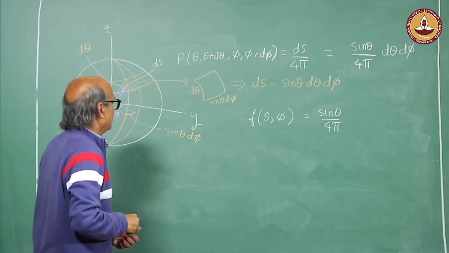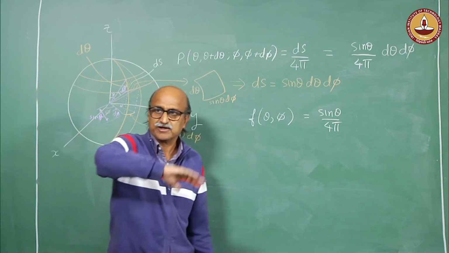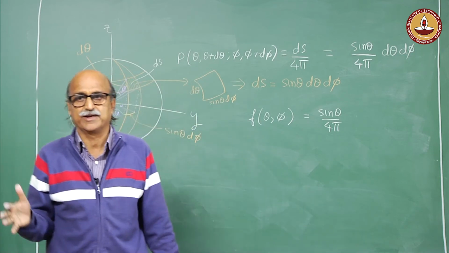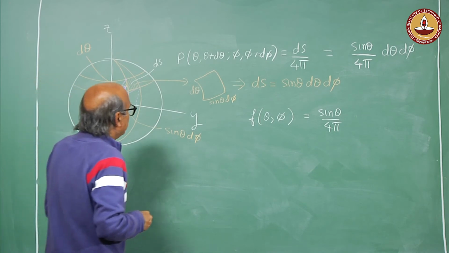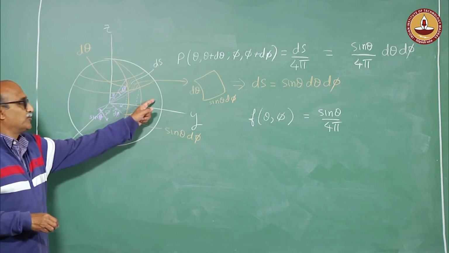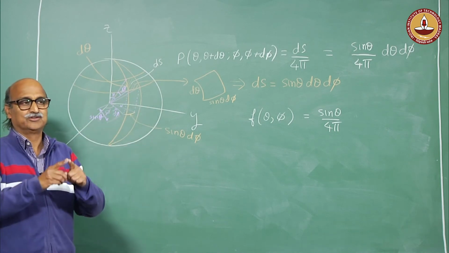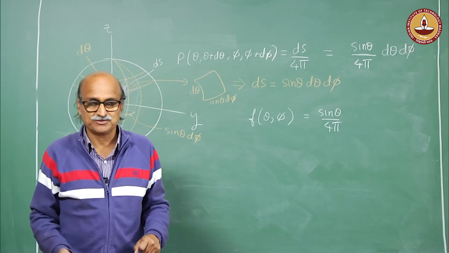Now, we should also know what is the range over which this function is defined, the range of theta and the range of phi. The range over which this is defined should be such that every point must be visited on the sphere and no point should be visited more than once.